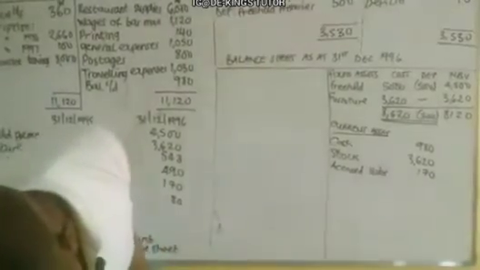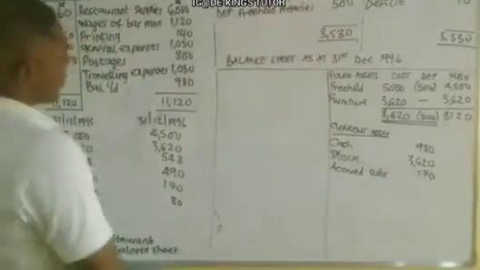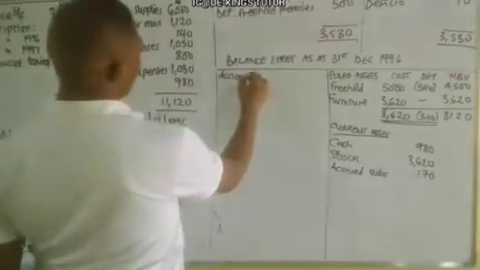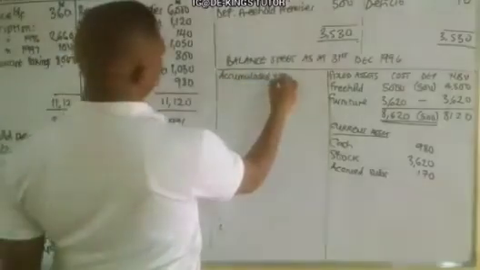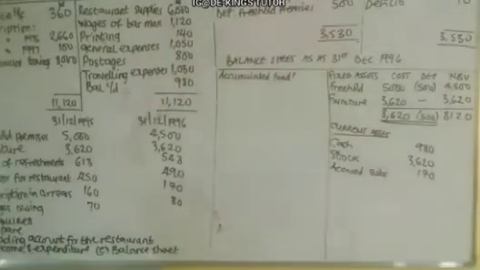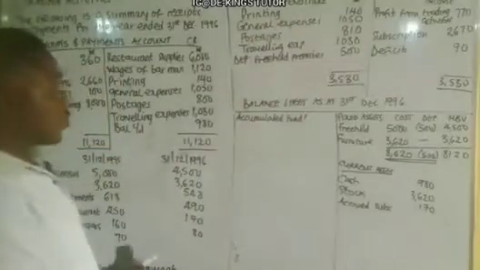So the next one is to post our accumulated fund. Accumulated fund. Now, what will be our accumulated fund, ladies and gentlemen? Now we are supposed to prepare the statement.